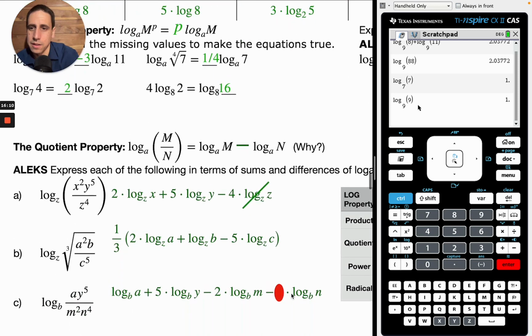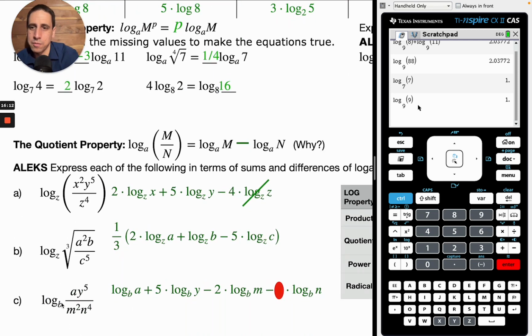Let's do another one. So log base b of all of this. There are going to be 1, 2, 3, 4 terms because there are 4 variables. Log base b of a, there's no exponent. You're adding here plus 5 times log base b of this entire thing. This 5 is a multiplication because there's an exponent of 5 on the inside of the log.